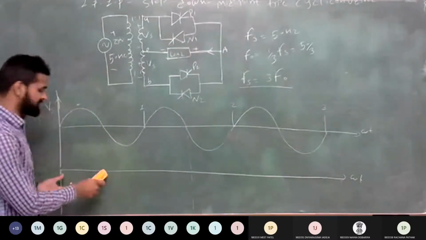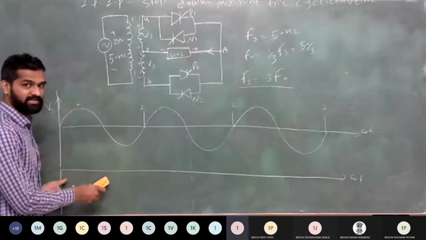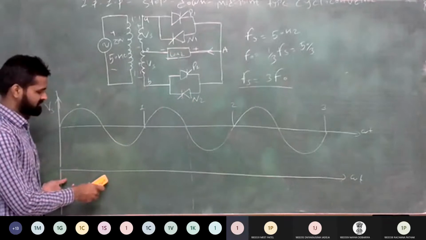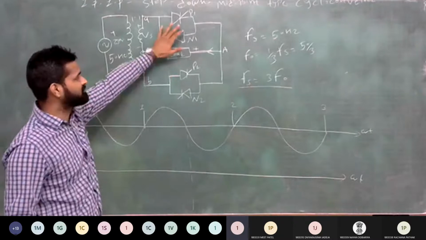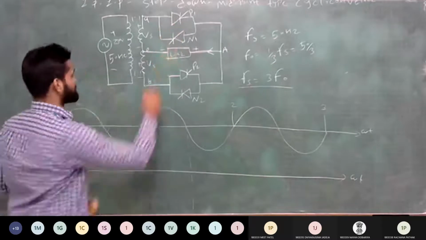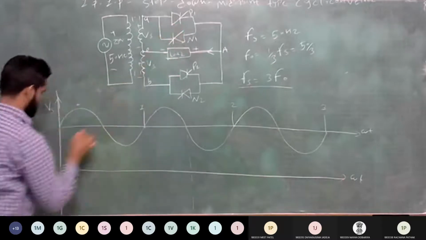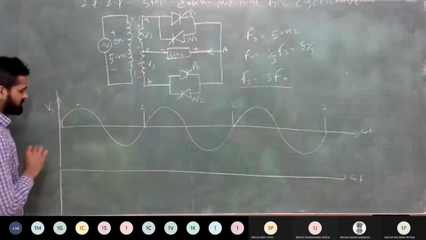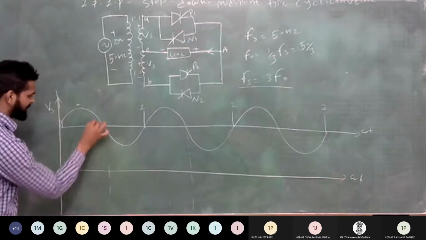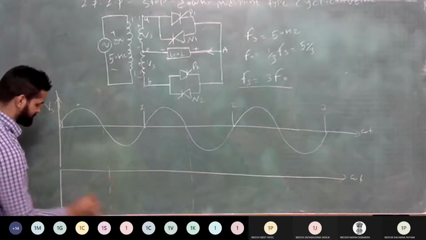But what is the output voltage we require here? Positive. So which thyristor will I turn on first? P1. So I provide the gate pulse to P1 at omega t is equal to 0, so that I get the full cycle of your supply at the load side.